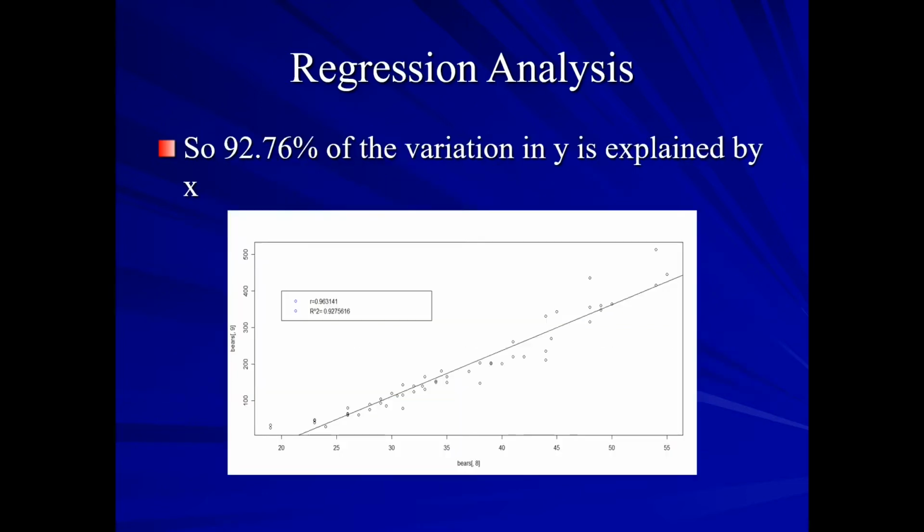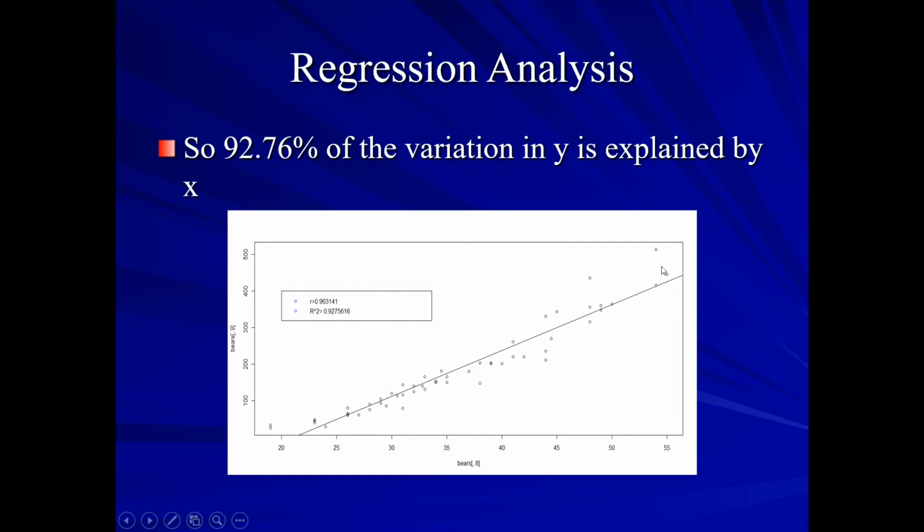So in this case, our R value is 0.9631, and so R squared is 0.9275. So approximately 92.76% of the variability in Y is explained by X, and we can see that as the trend goes up and as our line runs through the trend, there's very little variability among our residuals. We've got small residuals.